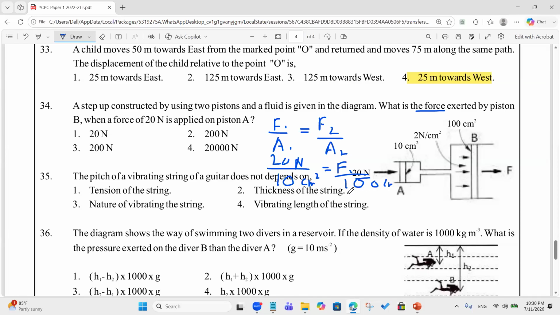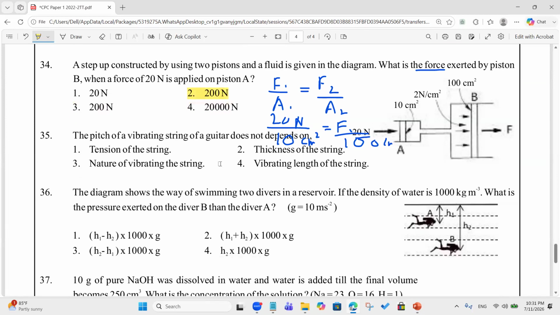How much is F? 20 divided by 10 equals F divided by 100. It is 200 newtons. Not 100, right? 200. Because 20 multiplied by 100, when you do the cross multiplication, is 2000 divided by 10, it is 200, right? See your calculation again.